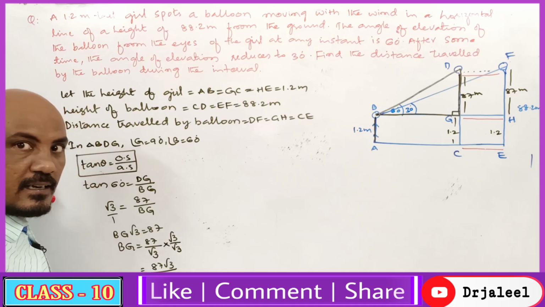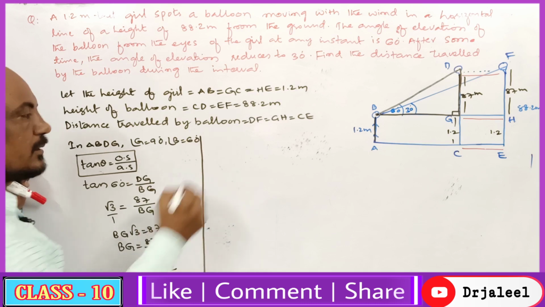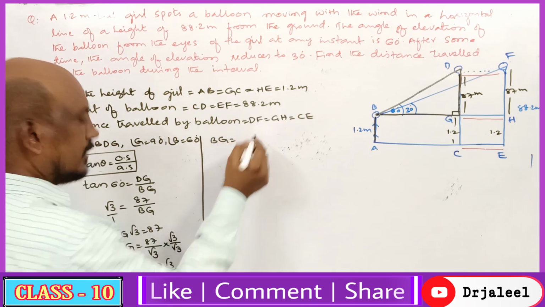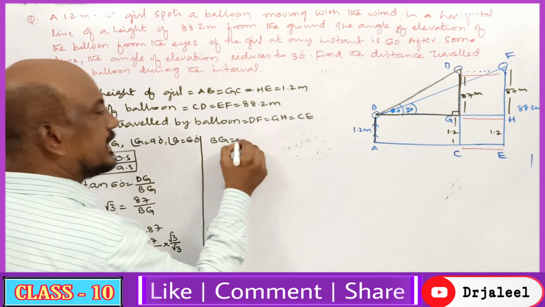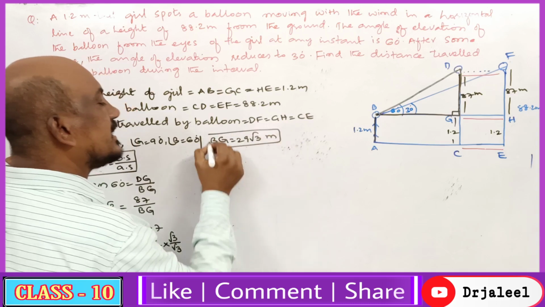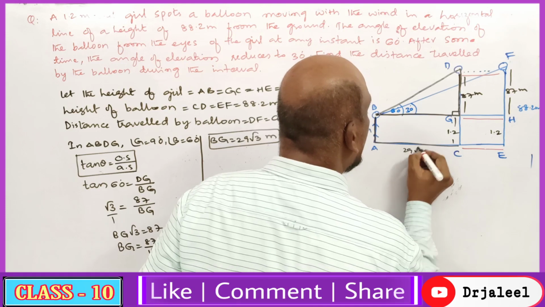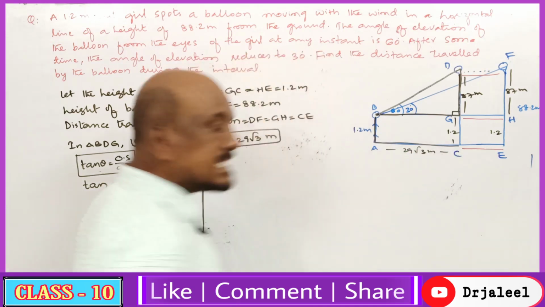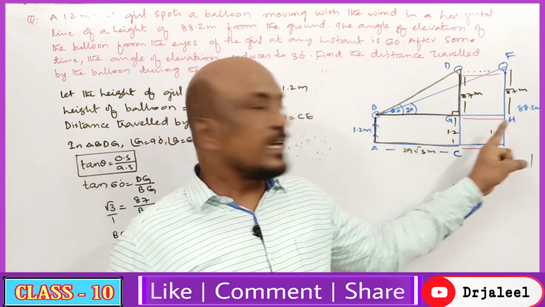When you cancel, what do you get? 3 ones are 3, 3 twos are 6, 3 nines are 27. So BG is 29 root 3 meters. From here to here, how much is it? 29 root 3 meters.